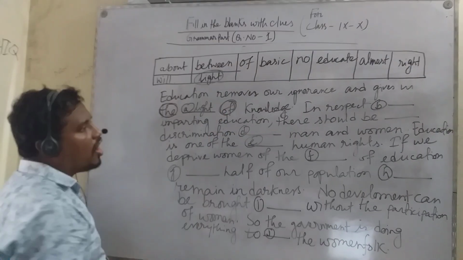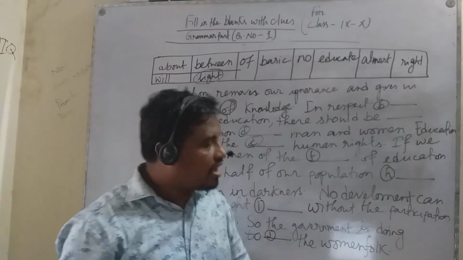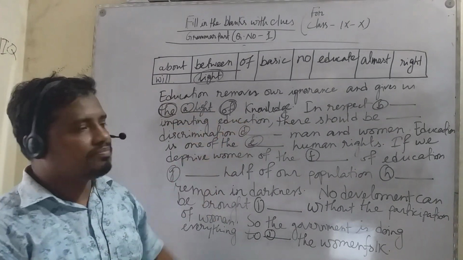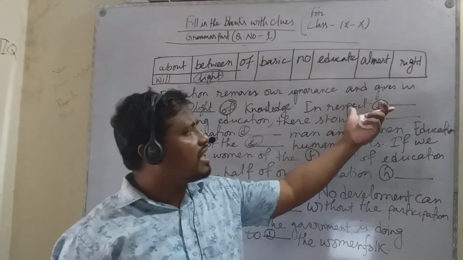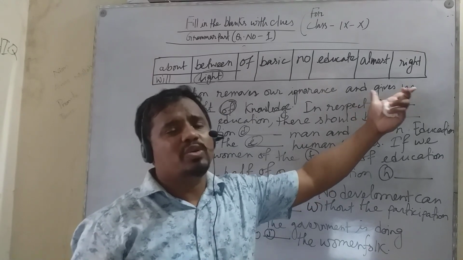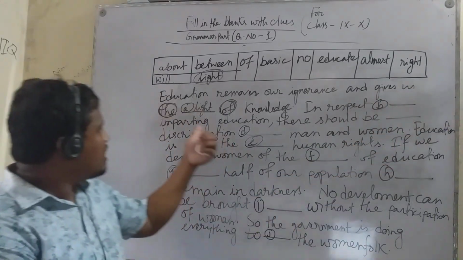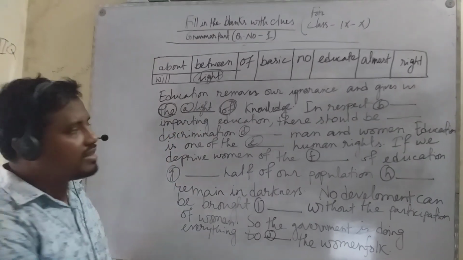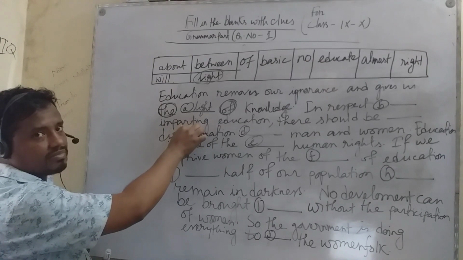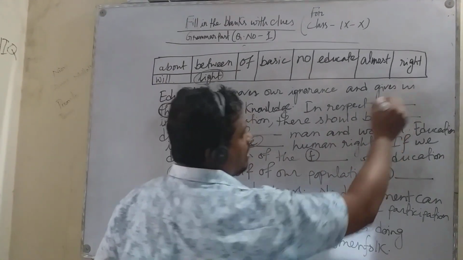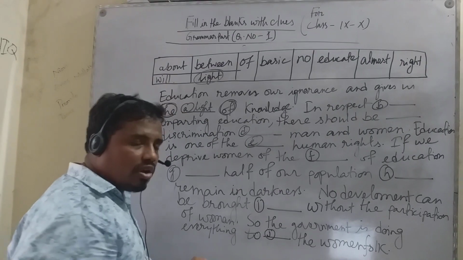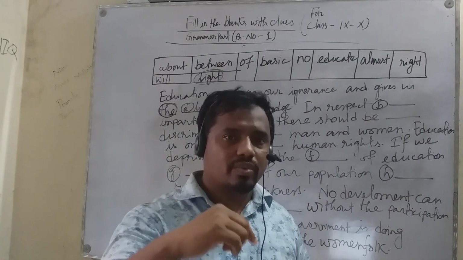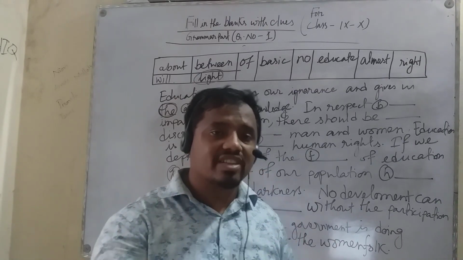Light of knowledge. Now look at the gap: in respect of imparting education. You have to use a preposition here, because after a preposition, if you use a verb, you have to use the ing form with that verb.